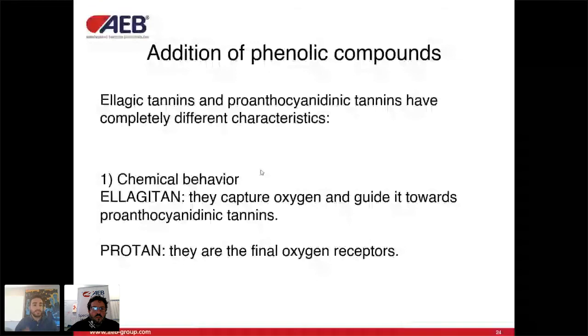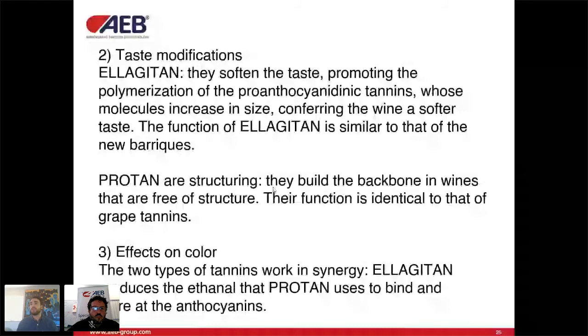And the first difference between these two product lines is their chemical behavior. But the chemical behavior results in two different taste modifications. In fact, the ellagic tannins are softer on the taste, and they promote the polymerization of the proanthocyanidic tannins that increase in size and precipitate, and so create a wine with a softer taste.